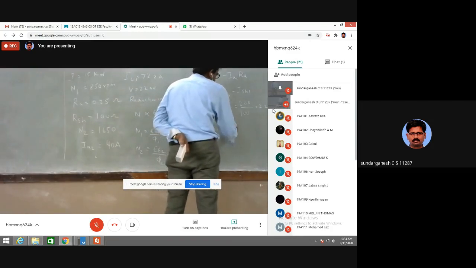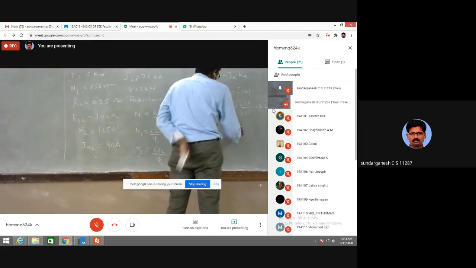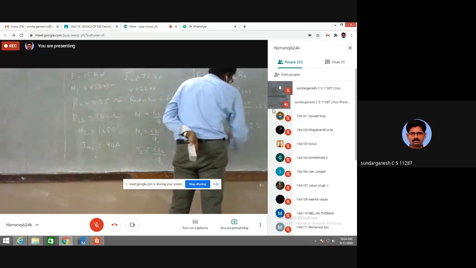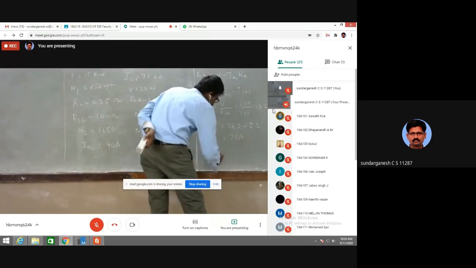So IA1 is equal to IL1 minus ISH1. 72.2 minus 2.2 is equal to 70 amps. Now I can find EB1.